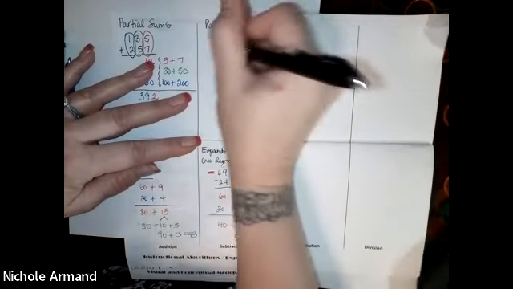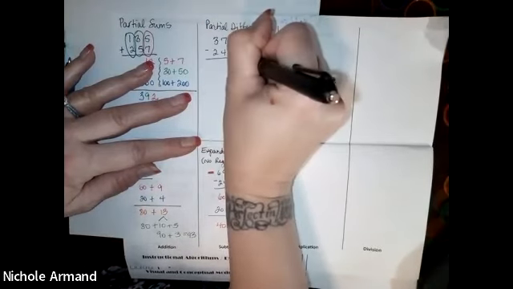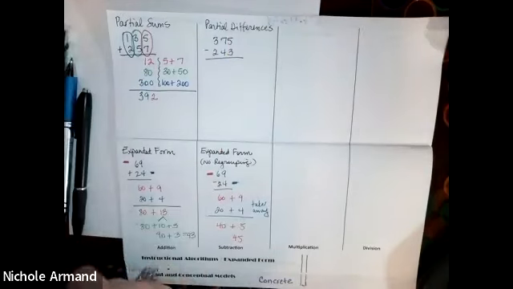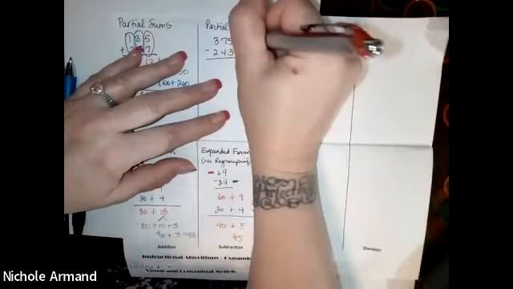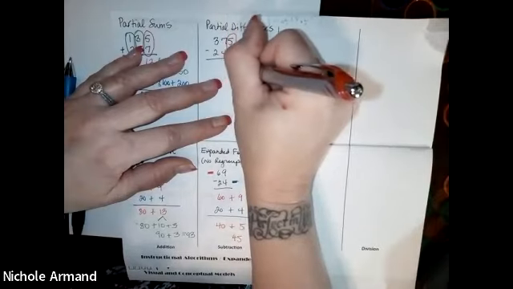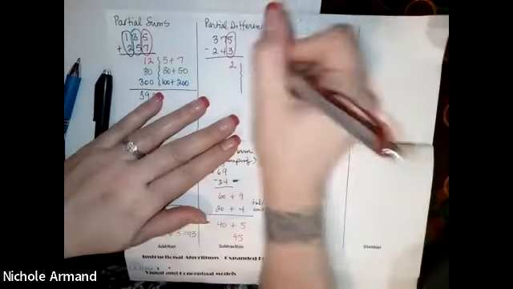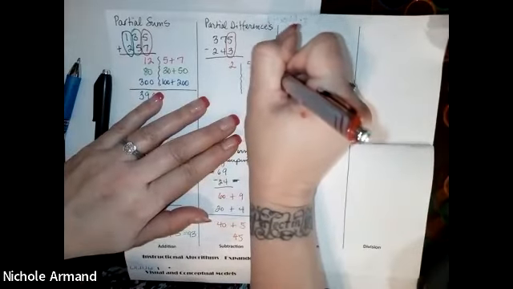Okay, so let's do 375 minus 243. And let's do our partial differences. So here we have 5 minus 3 is 2, and I have my little squiggle column here. This is 5 minus 3.